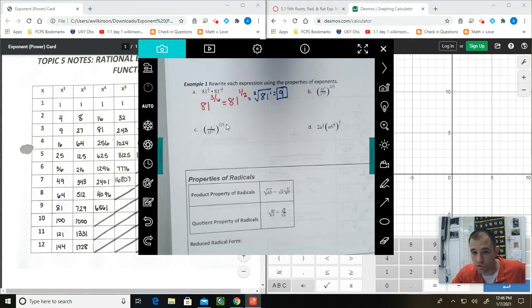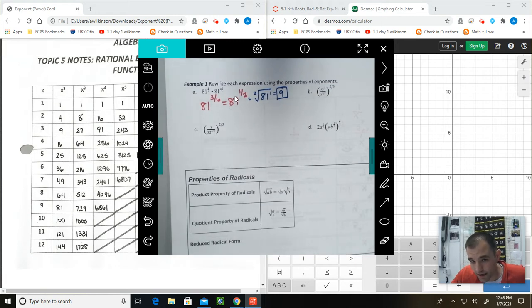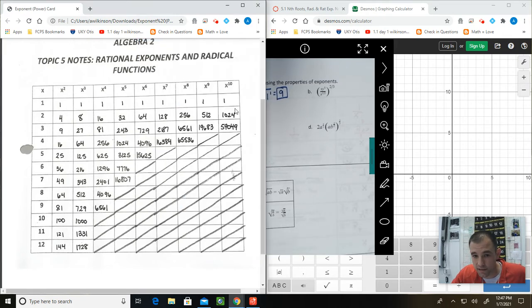So notice that this problem says 81 to the 1/2 power. That 2 is really, really important. You want to look at the bottom number. So I look on my chart and I see if I can find 81 on here. Oh, I found an 81 right here. So 9 squared is 81.